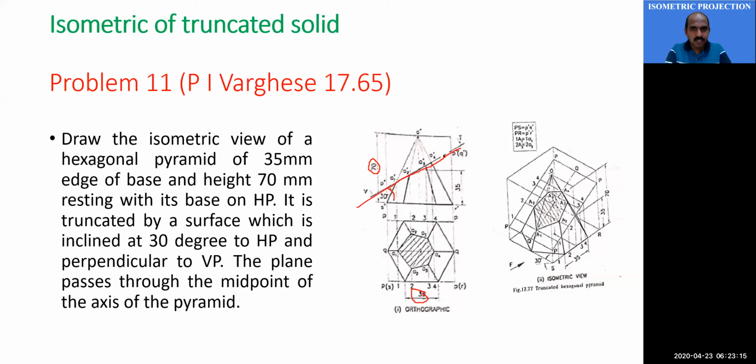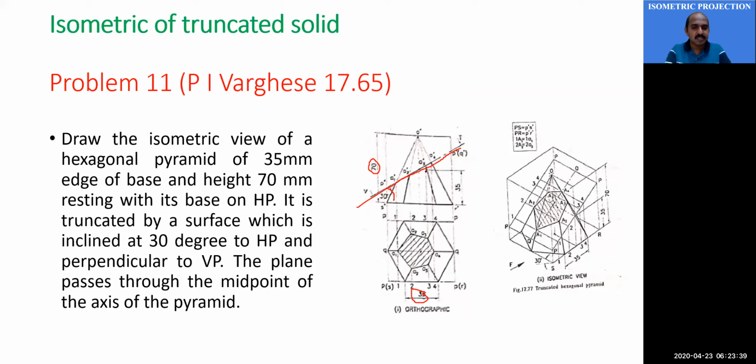Then draw the cutting plane in the front view, which is inclined 30° with HP, and you find the cutting points in the front view. Each cutting point is denoted as A1 dash, A2 dash, A3 dash, A4 dash. Then we have 6 cutting points because we have 6 edges.